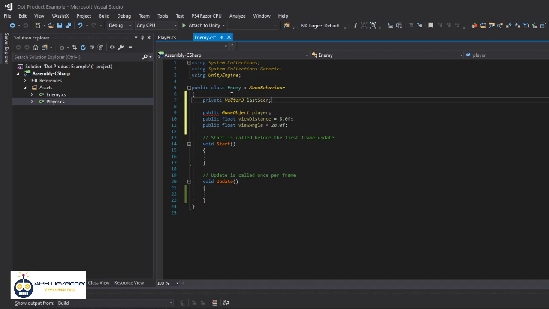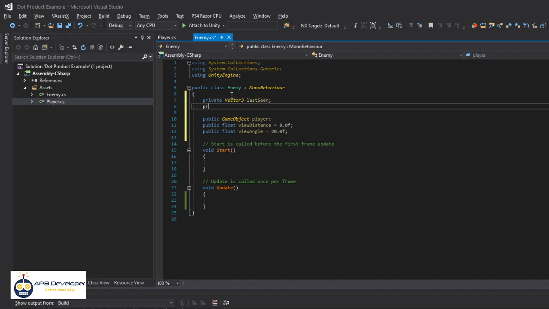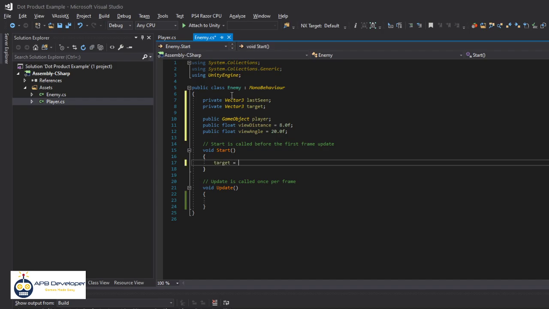The other thing we're going to keep track of, well, I'll leave it as public, is last seen. This will be the point that we store the last seen position for the player. Because what we're going to do is, when he loses track, he'll just sort of meander around, sort of patrol around the last place, and we'll have a target, which is where the enemy is heading when he's wandering around. To start with, we'll just set them both to the transform.